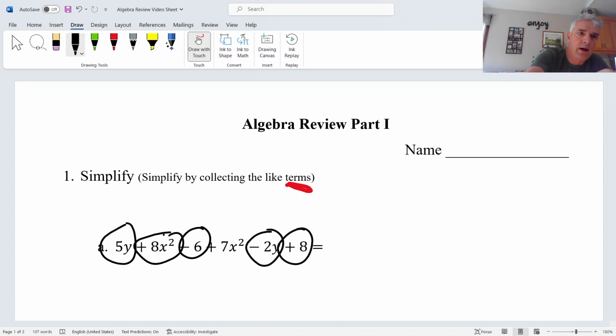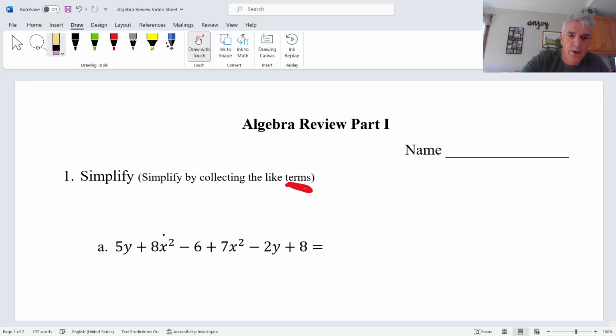Okay, now I'll also note that each term, especially the non-constant terms, has different parts. Each part is identified by the first part, which is the number part, also known as the numerical coefficient, and the second part, which is the x squared in this case, which is the letter part or literal coefficient.